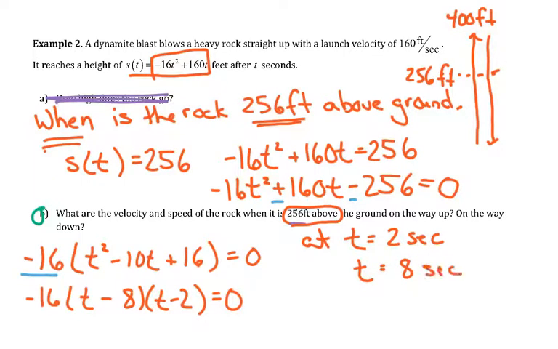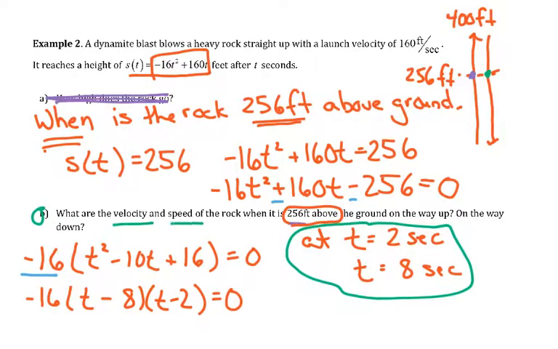So does that make sense? Yes, because it does it on the way up and it does it on the way down. So now we have our times. We just need to find the velocity and the speed.